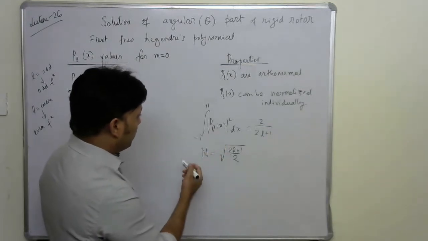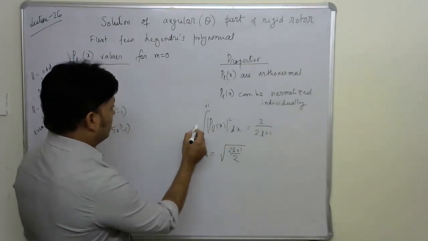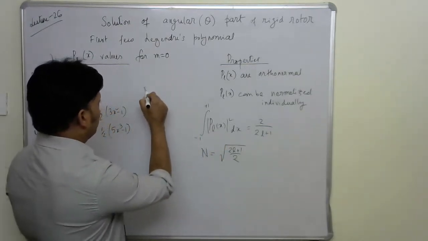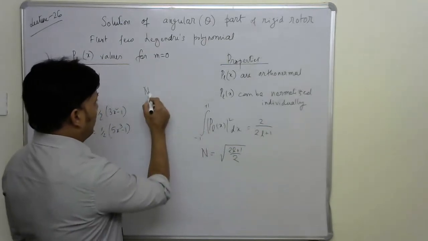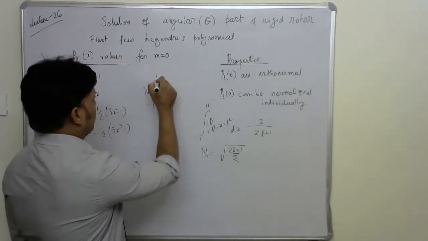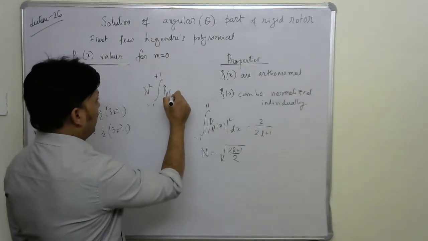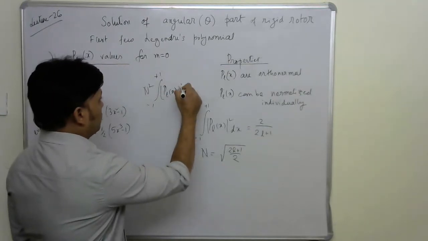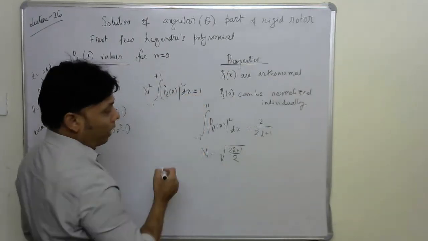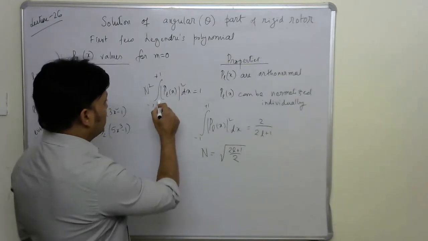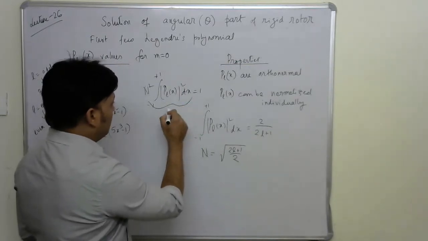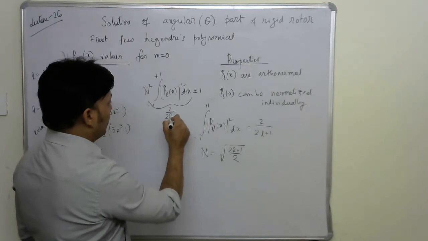It is very simple because the integral from -1 to +1 of N squared times P_l(x) squared dx should be 1, alright? And the expression for this integral is 2 divided by 2l plus 1.